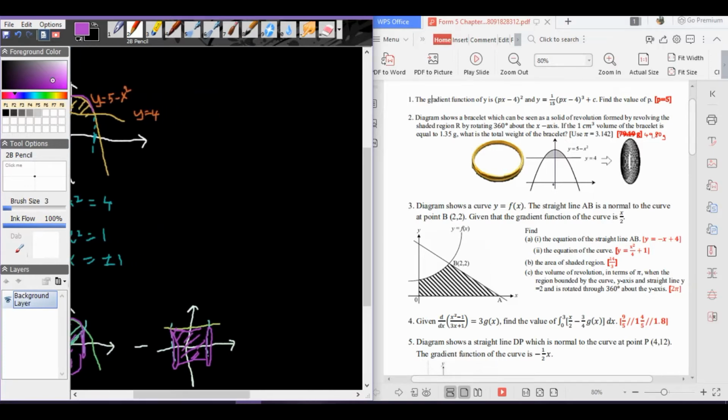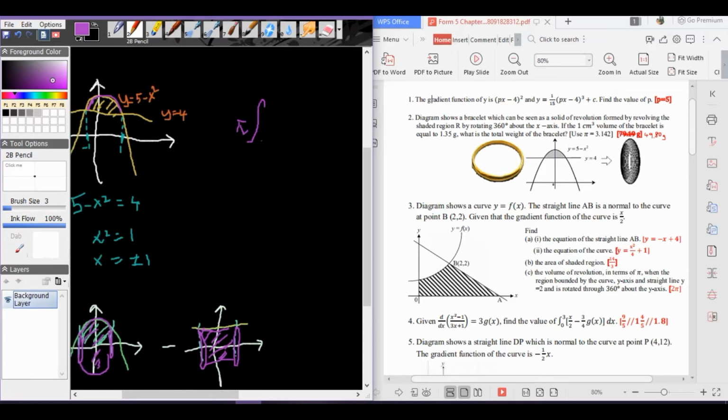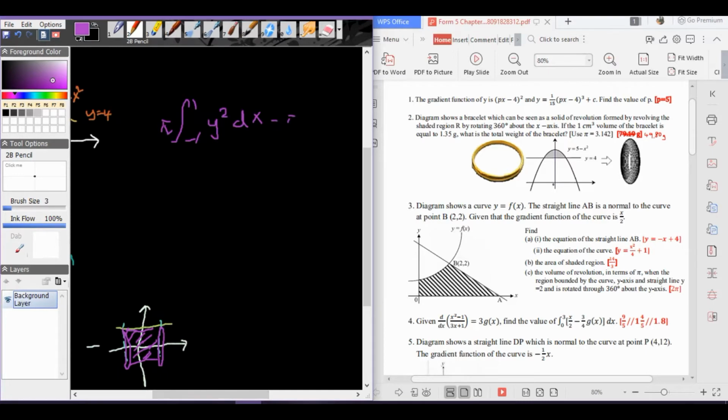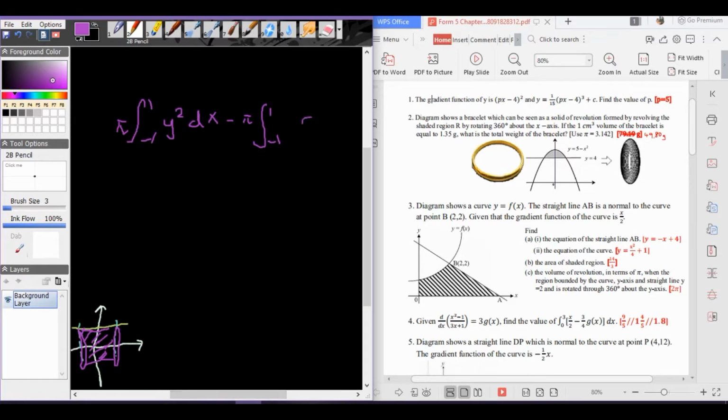So the volume of the curve is pi, integrate from negative 1 to 1. This is the x coordinate, so we have to put in respect of x, and here we put y squared, minus the volume generated by the straight line. So pi, integrate from negative 1 to 1, dx, with y squared in the center. This is for the curve, and this is for the straight line.